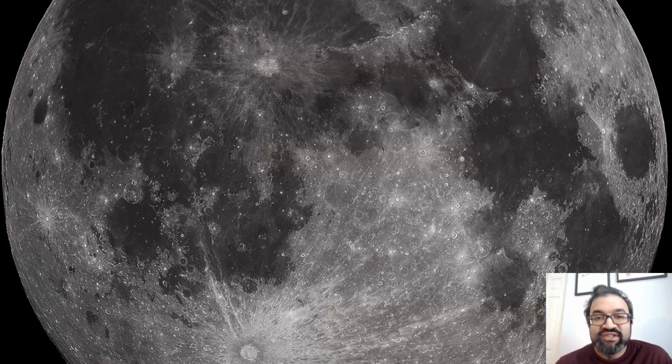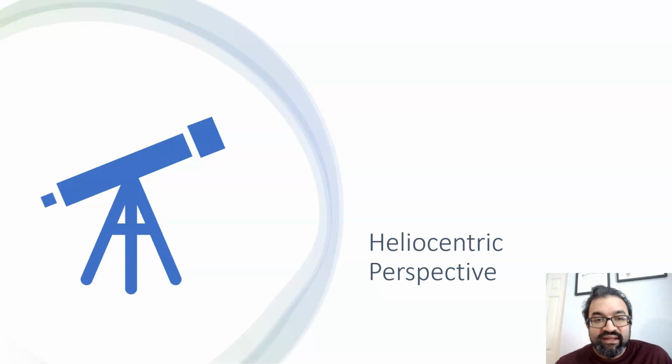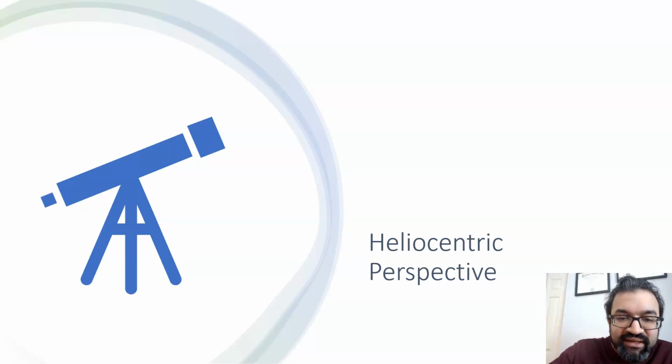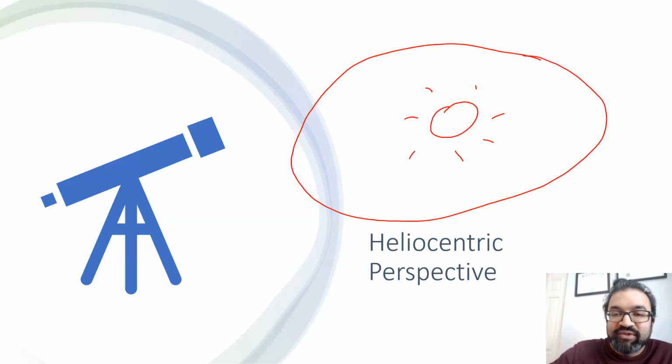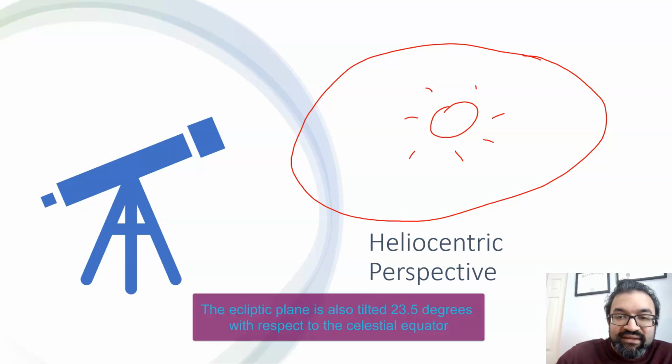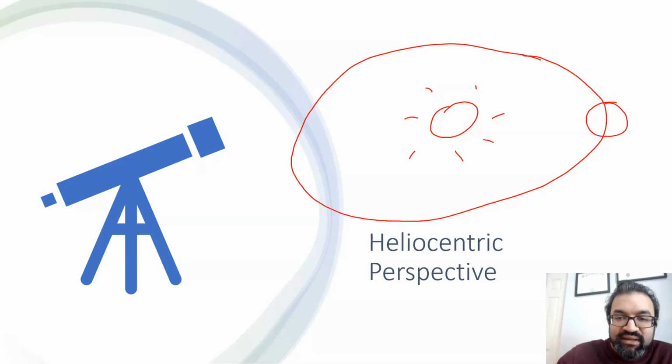So let me try to demonstrate this in a drawing. Taking a look at how this is created from a heliocentric perspective, imagine the sun is the center and the Earth is making a revolution along the ecliptic. Imagine that this is the Earth.